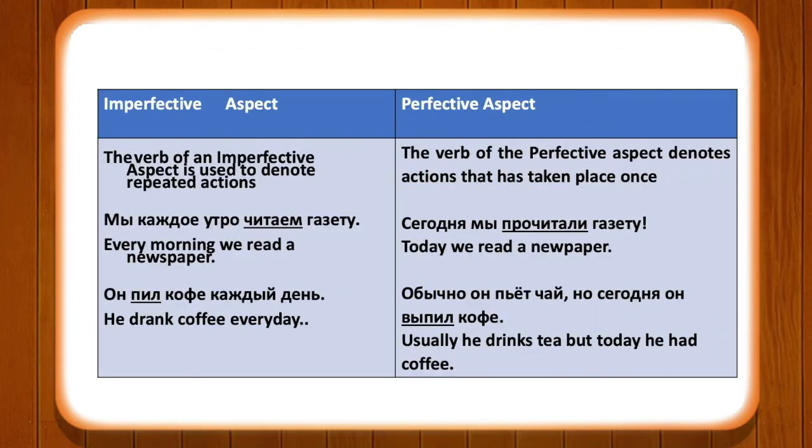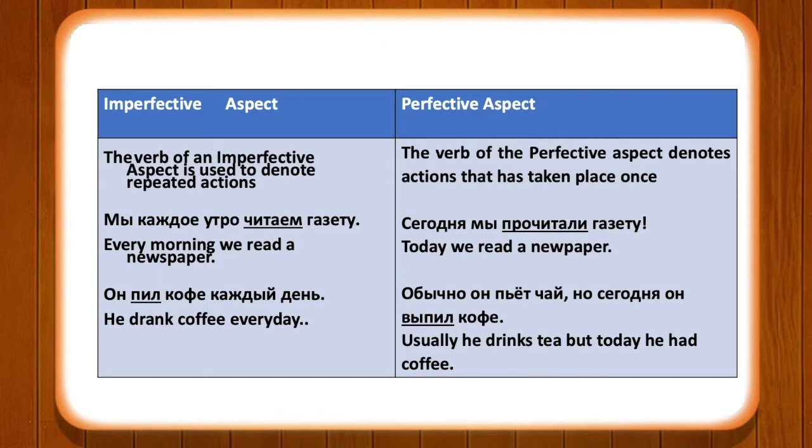tomorrow. The next difference in meaning of the use of perfective and imperfective aspect is that the imperfective aspect is used to denote repeated action, habitual action, whereas the perfective aspect denotes an action that has taken place only once.